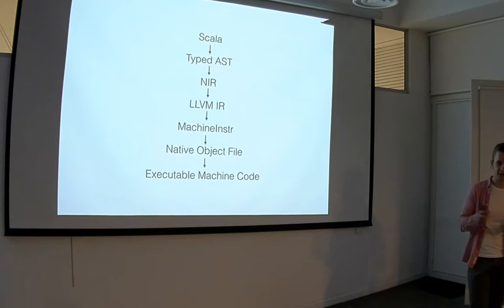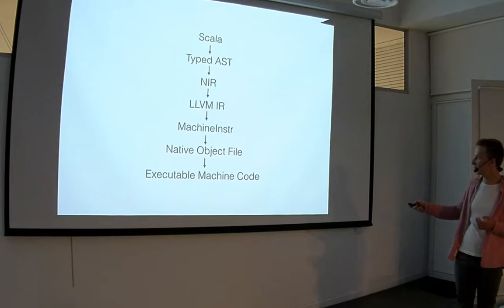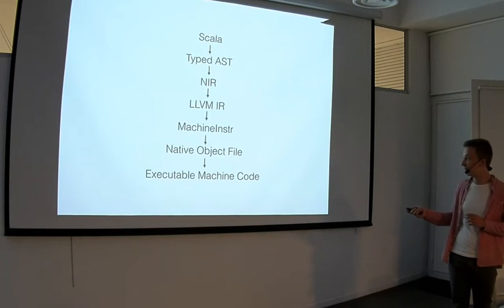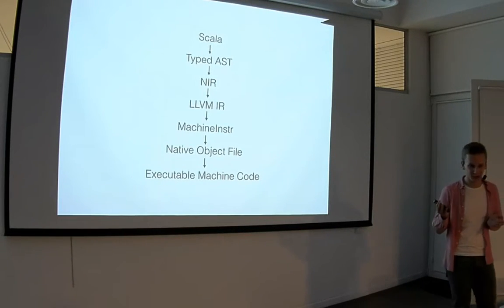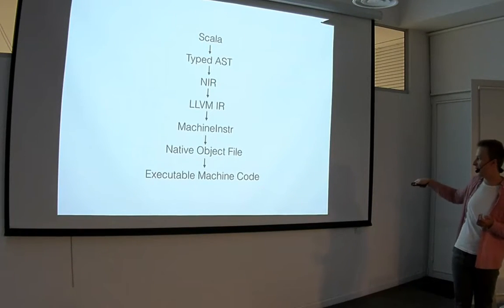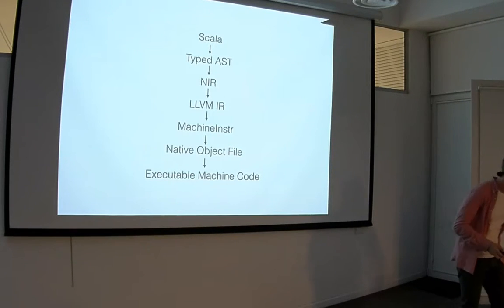It has infinitely many named registers, but that's not what happens in real life. So you need to map one to another. So you need some kind of representation to stand in between, because if you produced native object files straight away, it would be a bit hard. And then you have native object files, which are still not cooked enough. It's basically a slow process of cooking your code. And then finally, in the end, you get a nice binary.